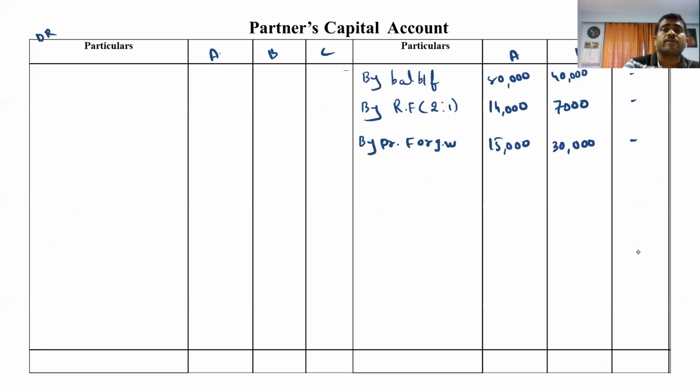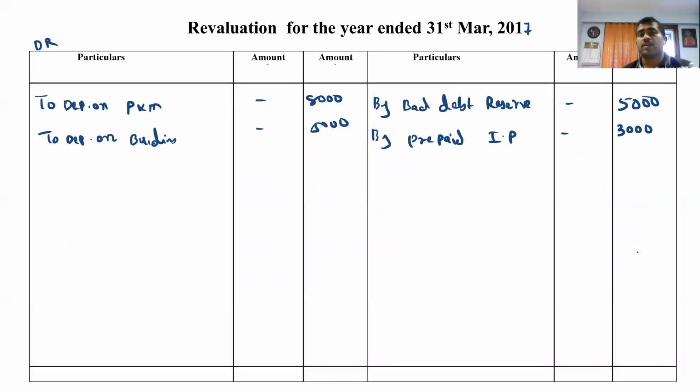Now we are going to tally this sum. So total 8 plus 5, right? It comes to around 13,000. Yes. 8 plus 5, it comes to 13,000. Make the total 13,000. Here also we write 13,000. So 13 minus 8.